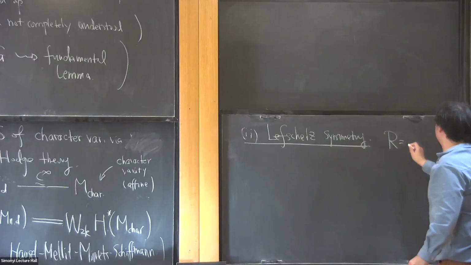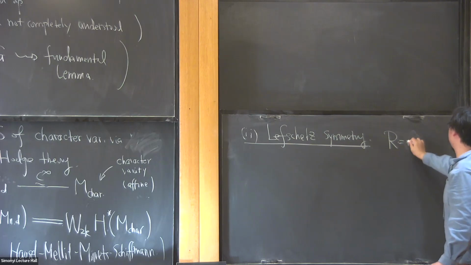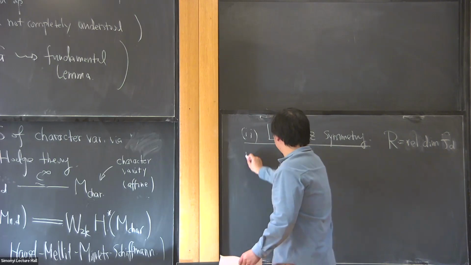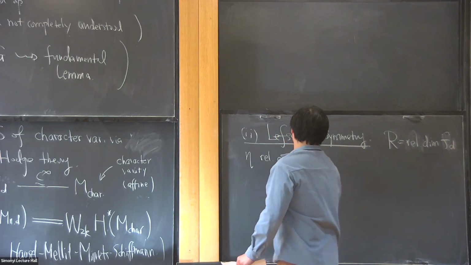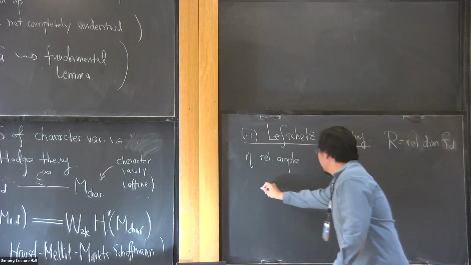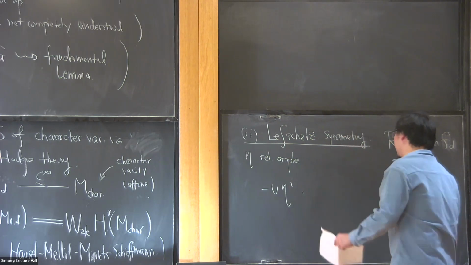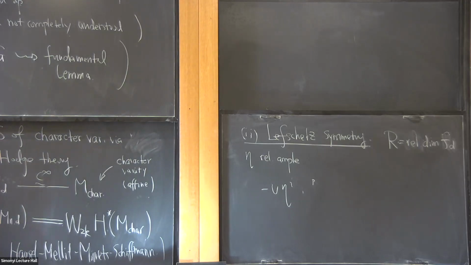So to record this, I use capital R to denote the relative dimension of the Hitchin fibration of M_Dol, and pick eta to be a relatively ample class, a relatively ample line bundle. Then the cup product with a power of eta identifies these objects.